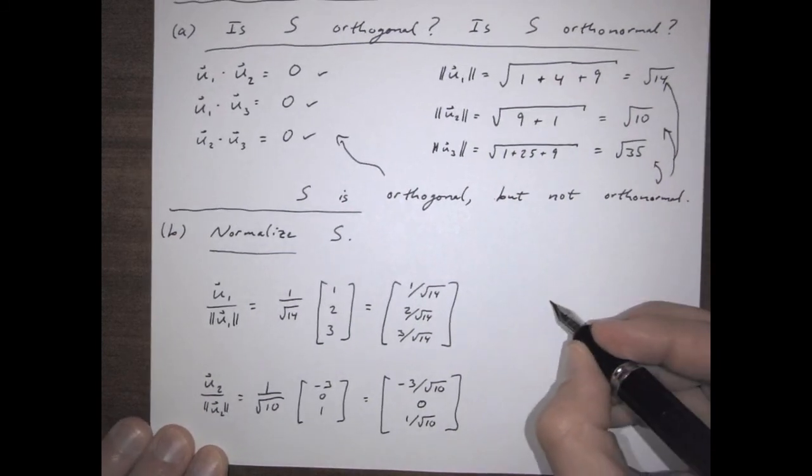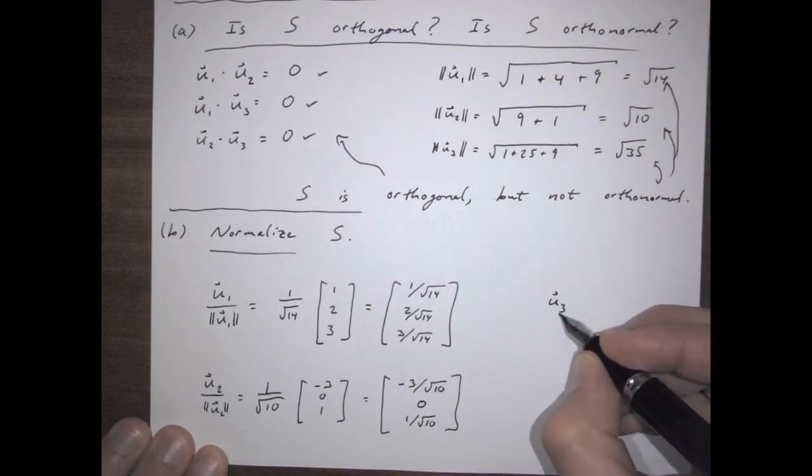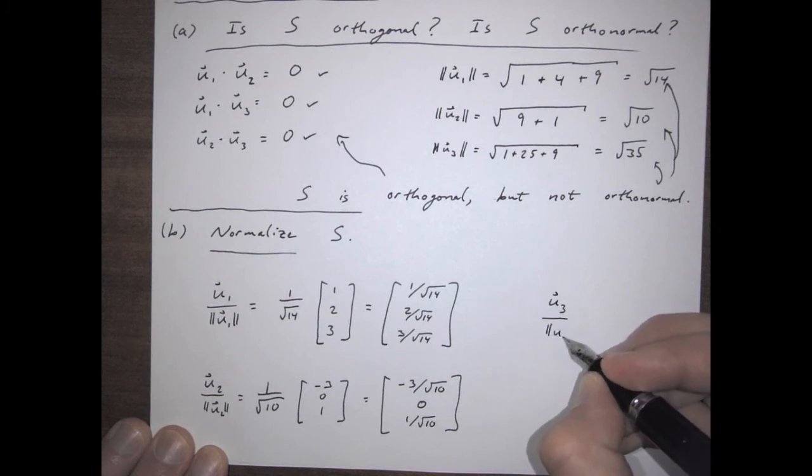And then lastly, U3 divided by the magnitude of itself.